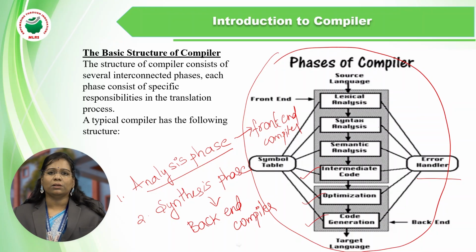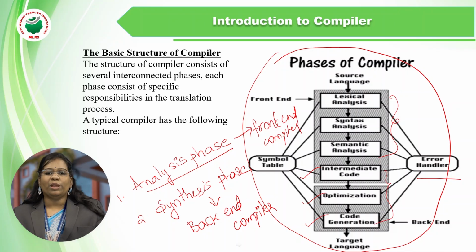The analysis phase is also known as the front-end compiler, which uses the first three phases in compilation, that is lexical, syntax and semantic. The next one is the synthesis phase, which is performed in back-end compilation.